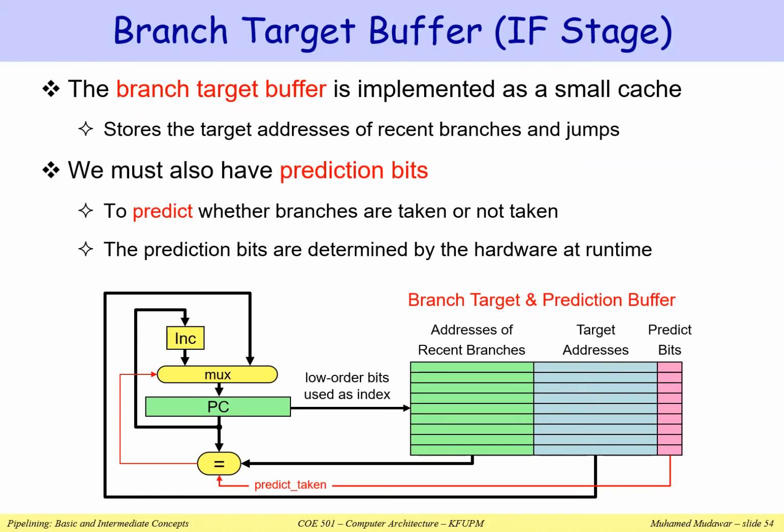So how can we branch with zero delay? Okay, this is really the big question. How can we do the branching in the first stage of the pipeline without any delay? All we have in the first stage of the pipeline is the program counter.